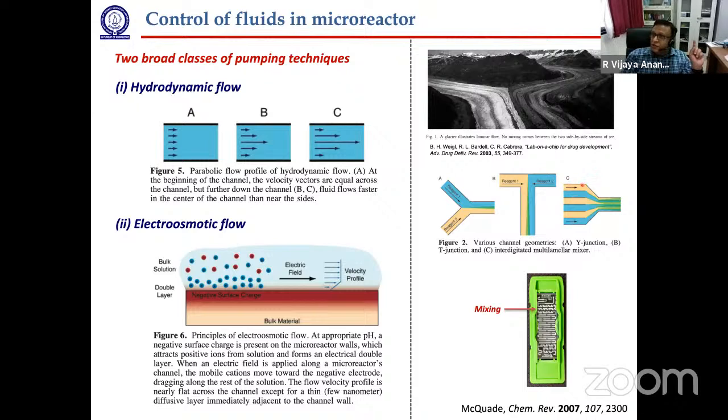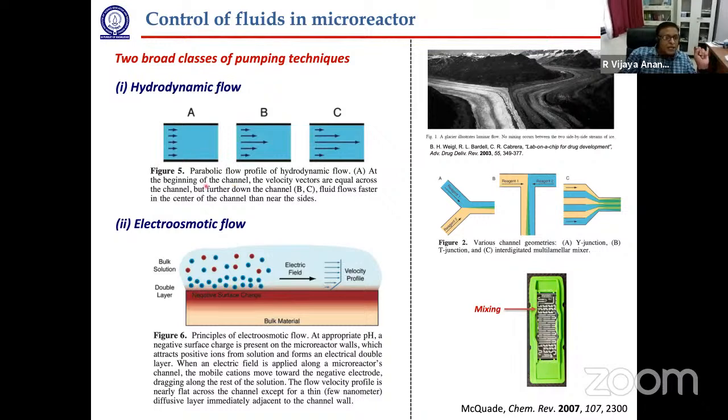So in the tube itself, you will have separate sections, and then the mixing happens over here. And there are two broad classes of pumping techniques used in microreaction technology. One is hydrodynamic flow, and this is the principle of most of the microreactors used in laboratories.